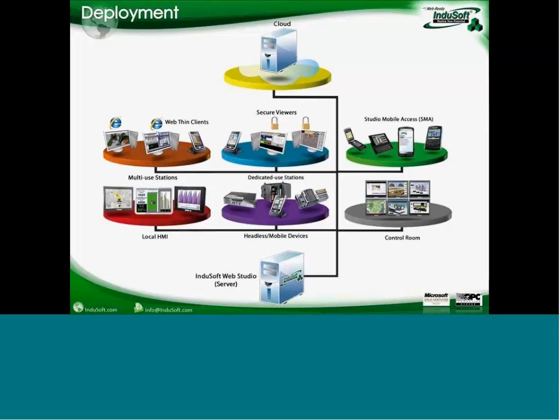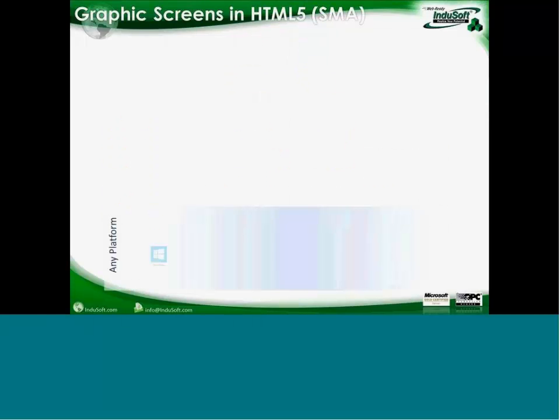Finally, we have a third solution for thin clients called Studio Mobile Access, SMA, and this is a solution designed mainly with a technology called HTML5, and the idea is to provide a thin client solution which is platform agnostic, that runs on Windows but also on other platforms.